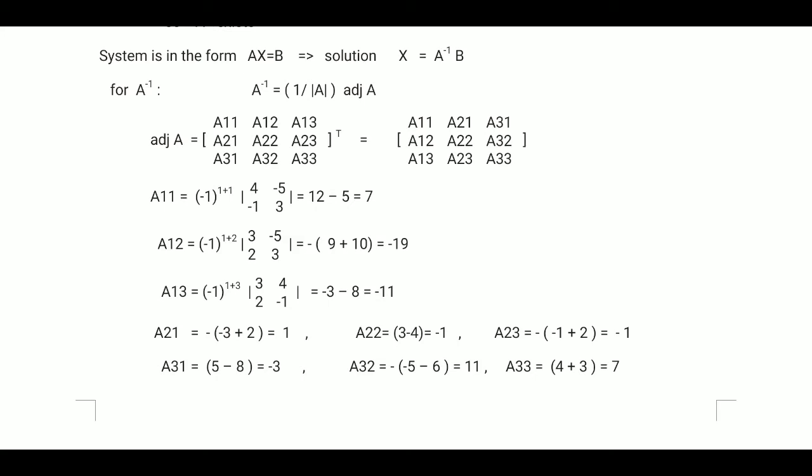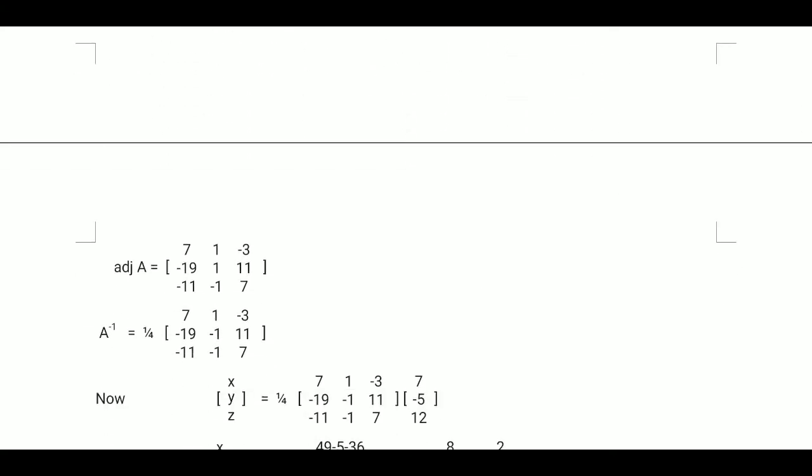So we find the cofactor of every element of the given matrix, replace them by their cofactors and transpose them.